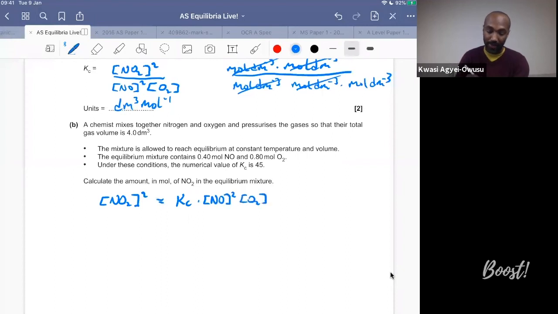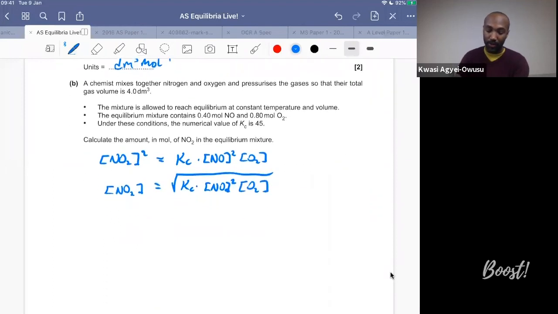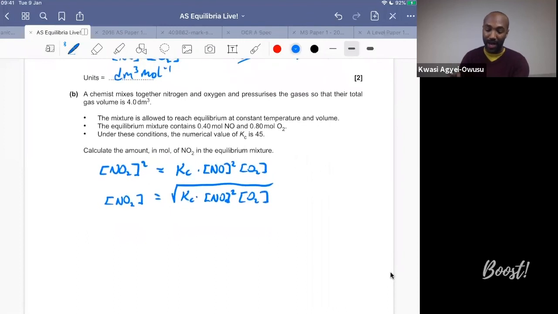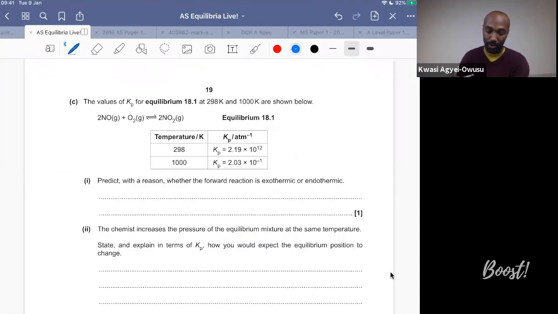And then the concentration of NO2 is given by the square root of Kc times NO to the power 2 and O2. Okay, so we're pretty much set to go. We can work out the concentration of NO2, and then we can use the volume to work out the number of moles.